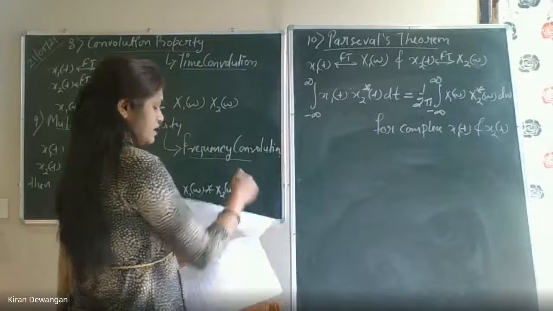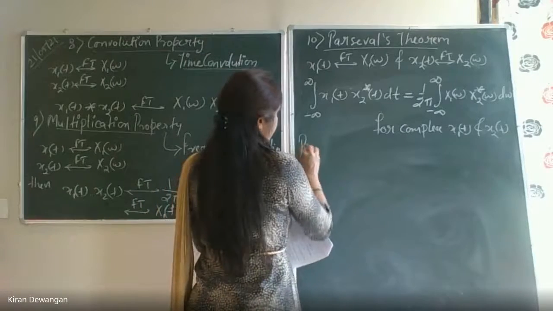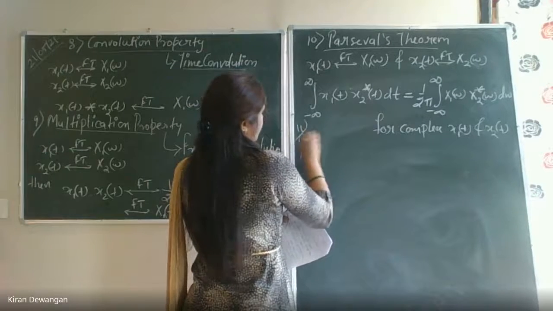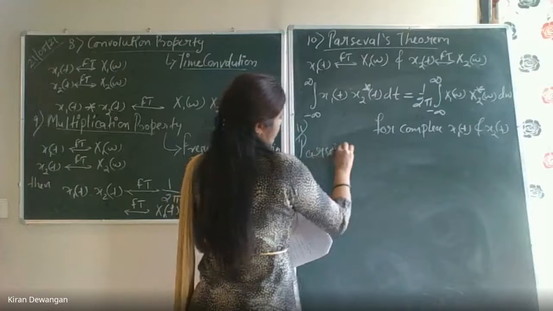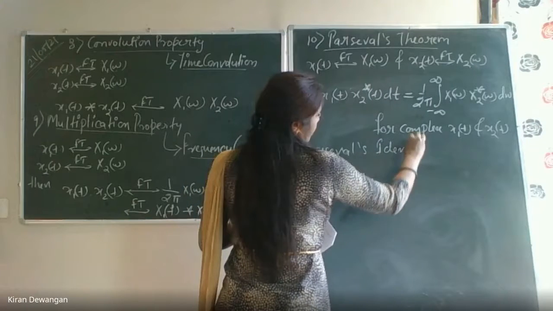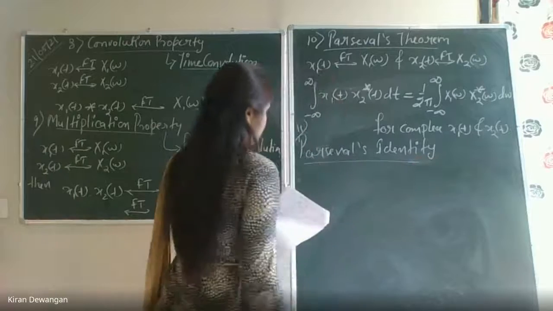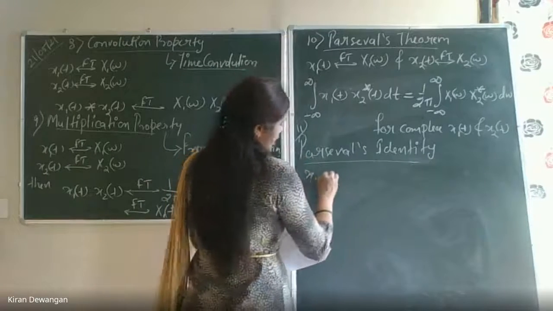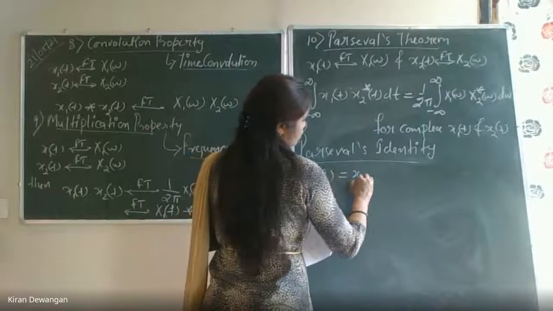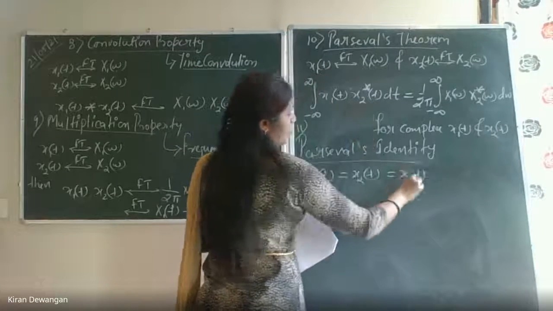Now the next is Parseval's identity. According to Parseval's identity, x1(t) equals x2(t) equals x(t).